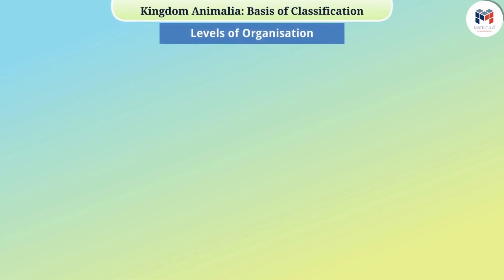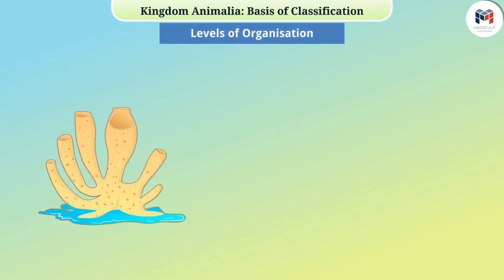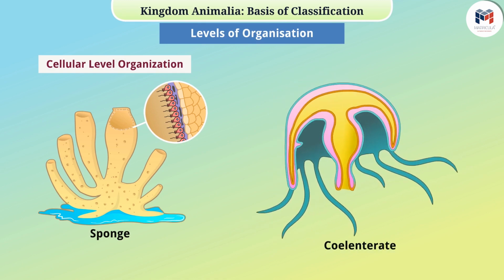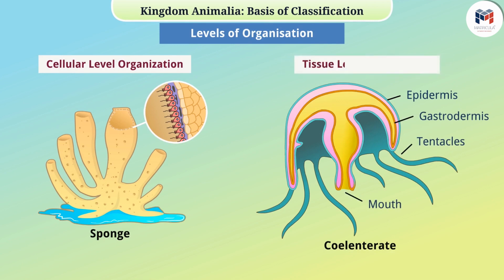Levels of organization. Cells in some animals, like sponges, are in scattered clusters, which we will call cellular level organization. In some animals, such as coelenterates, cells perform their function by forming tissue. This is called tissue level organization.